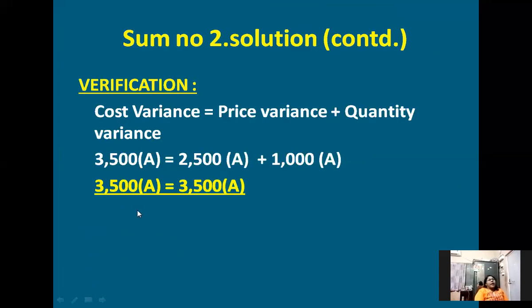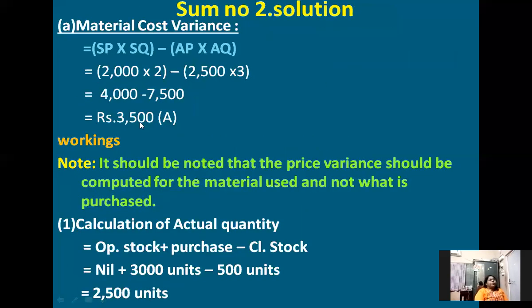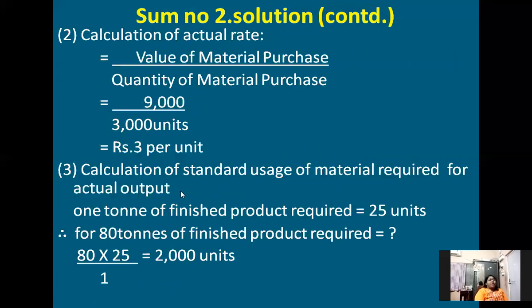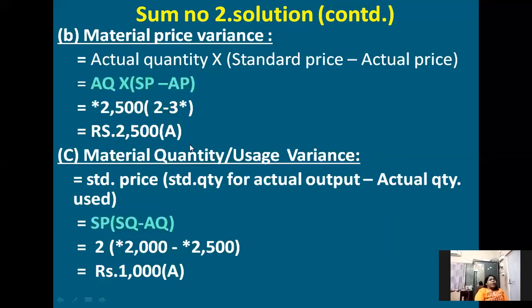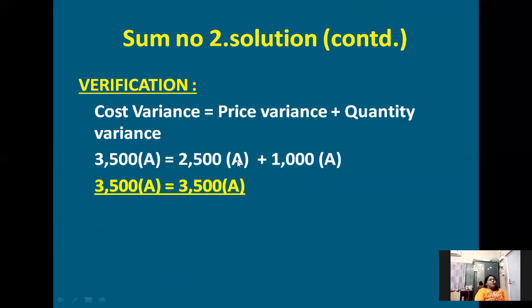Cost variance we calculated as 3,500 adverse, but the price variance is 2,500 and usage variance is 1,000. So 2,500 adverse plus 1,000 adverse, the calculation has also come as 3,500 adverse. So the left side as well as the right side answer is the same.